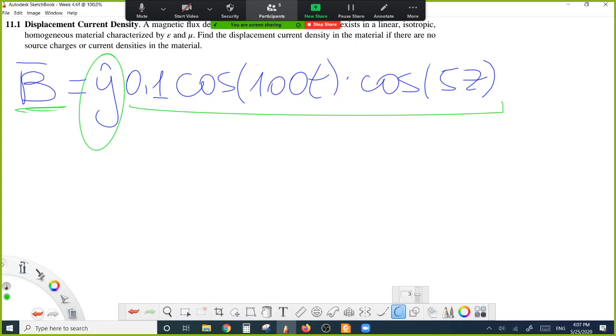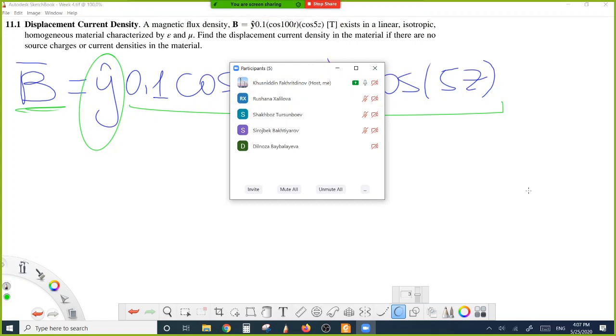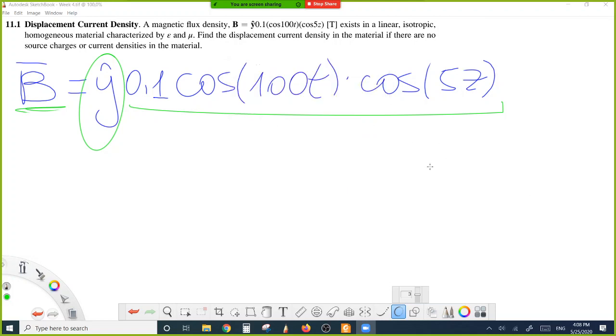Now, this magnetic field exists in a material with properties: electric permittivity is epsilon, and magnetic permeability of the material is mu.